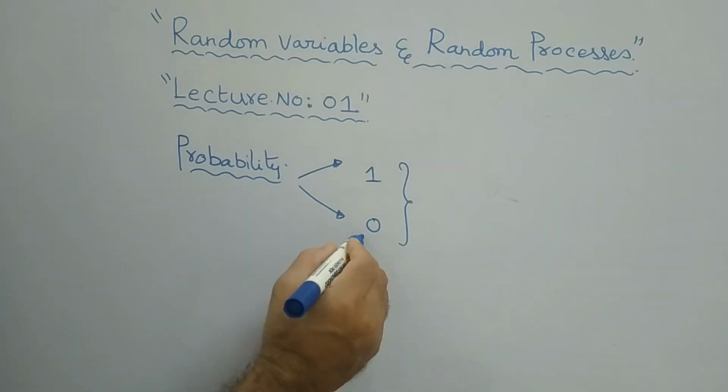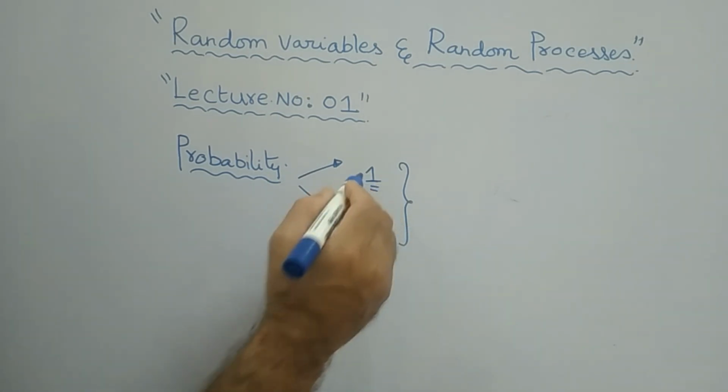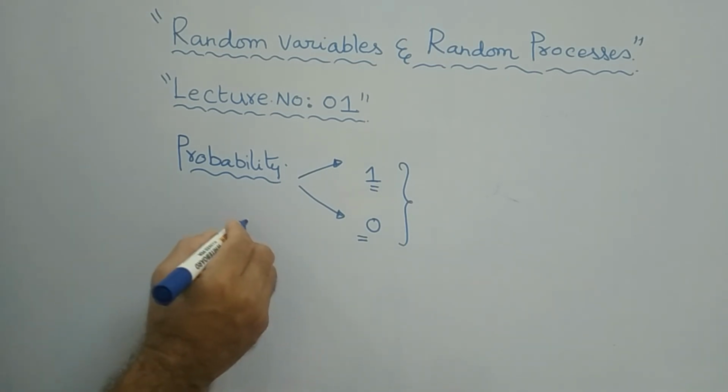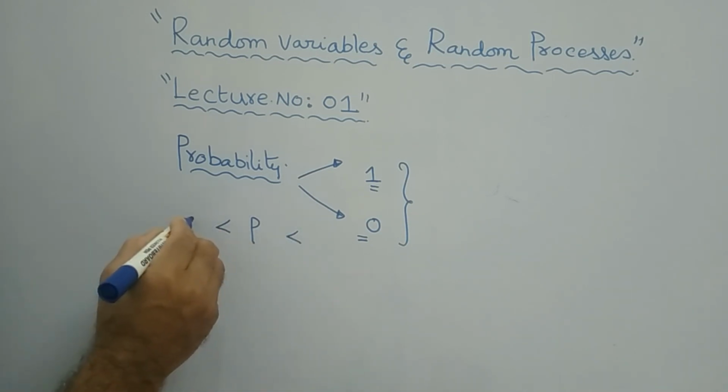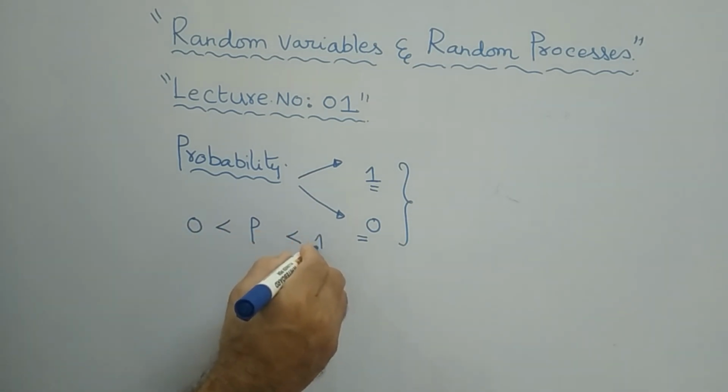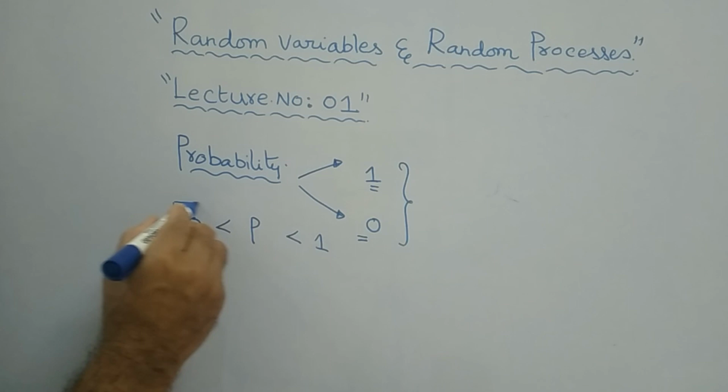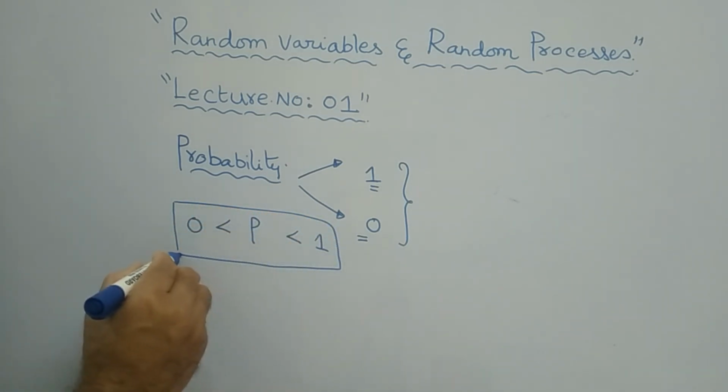The minimum value is 0 and the maximum value is 1. Therefore the probability of any particular event lies between 0 and 1. This is the basic definition or the basic limit of a probability, right?